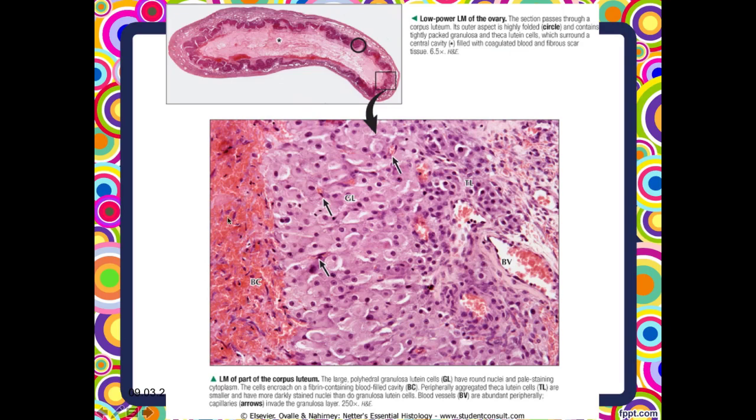This is the center of corpus luteum with the blood and fibrin and so on. This is the layer of granulosa lutein cells. Please notice that within the layer of granulosa lutein cells, there are the blood vessels or the blood capillaries.